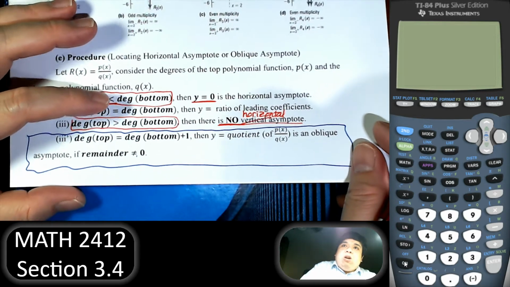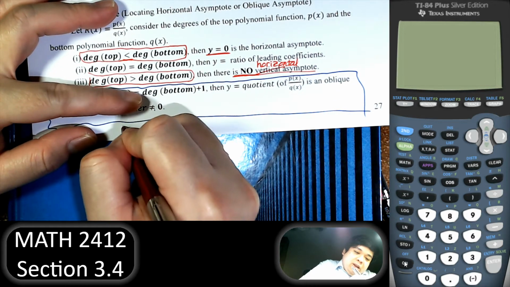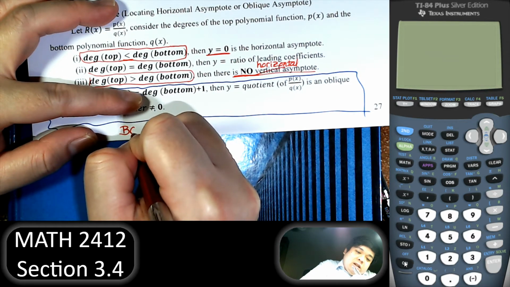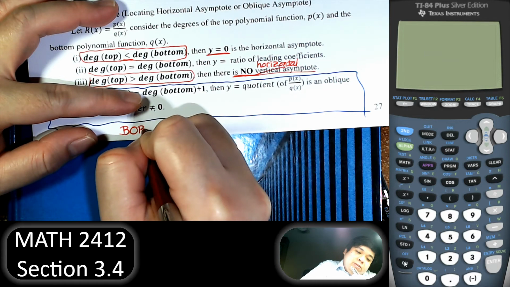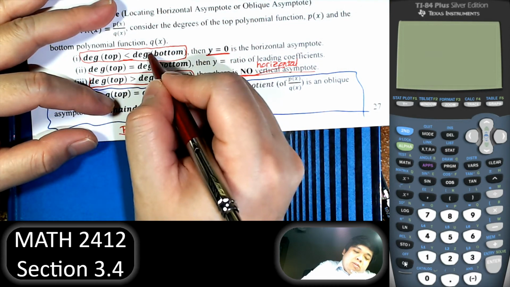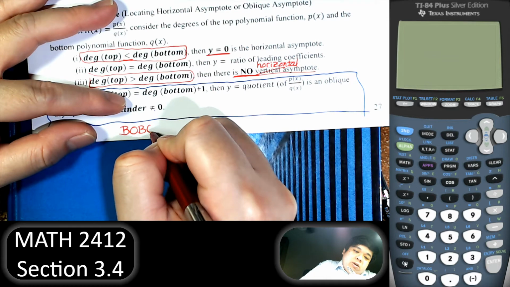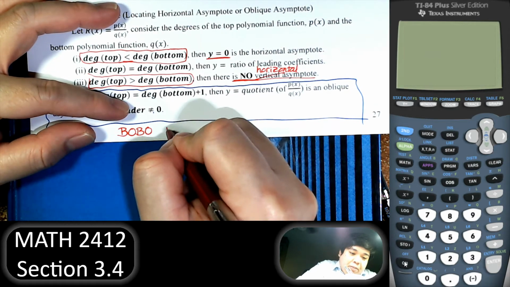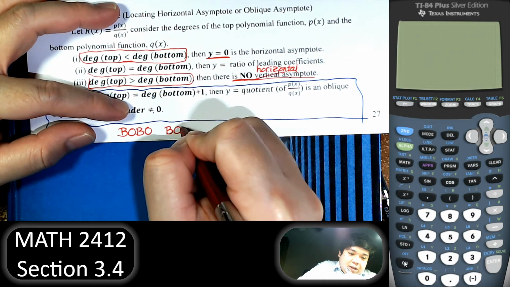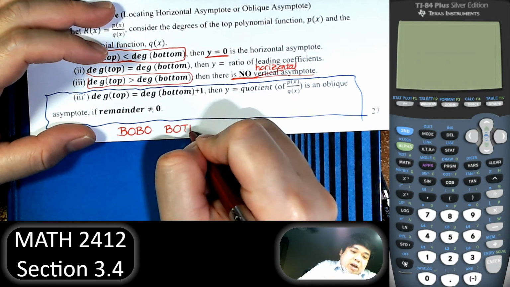And if you look online, there's an acronym like this: bigger on the bottom, there will be 0. Bigger on the top, there will be none.